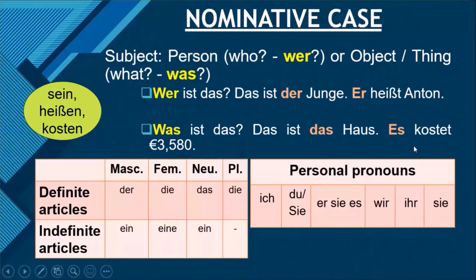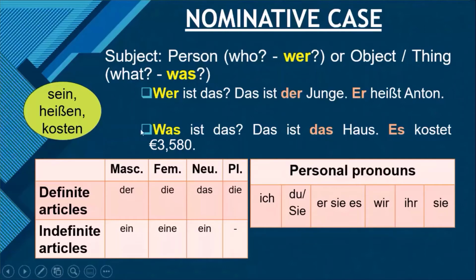Now the verbs that I've used in the sentences in the conjugated forms are sein, which is to be, heißen, which is to be called, and we use this verb heißen also when you want to say ich heiße and then comes your name, which is the other way of saying your name.